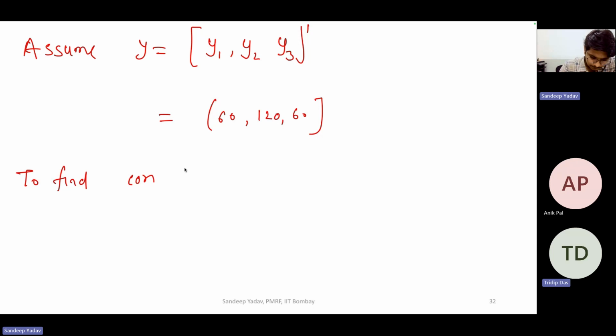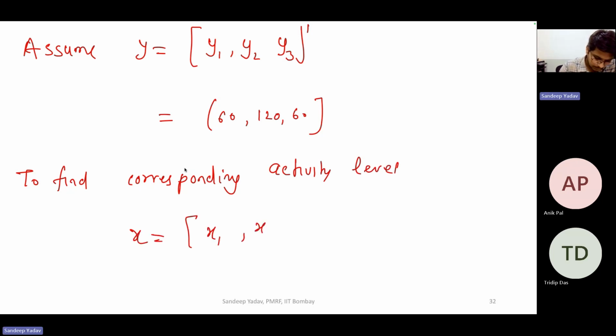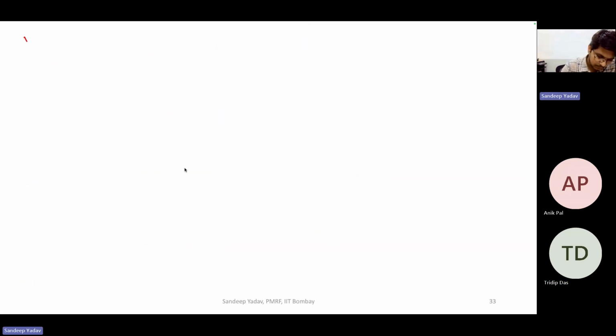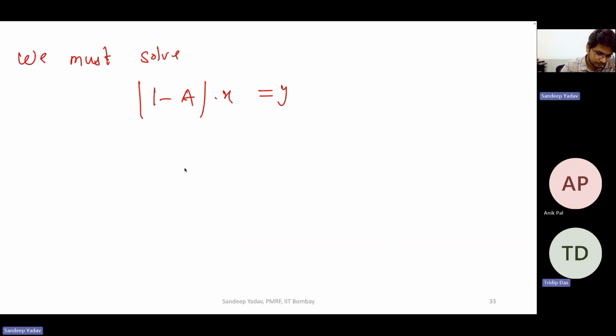Now, to find the corresponding activity level, x is equal to x1, x2, x3 dash, we must solve I minus A into x is equal to y.